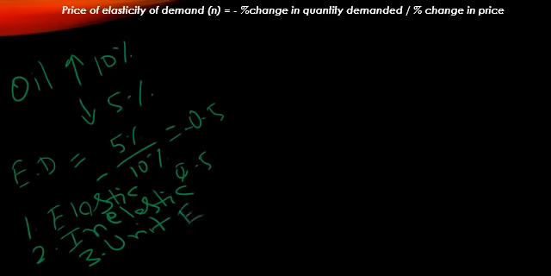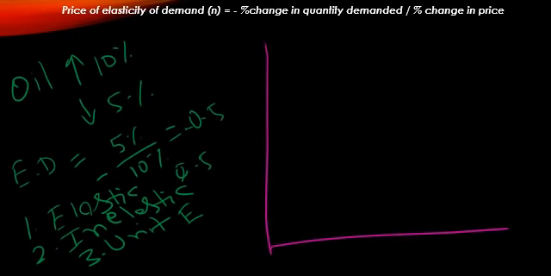Let us understand what elastic demand is. We'll take an example and see this. This is the demand curve. This is price, this is quantity demanded, and this is the demand curve.